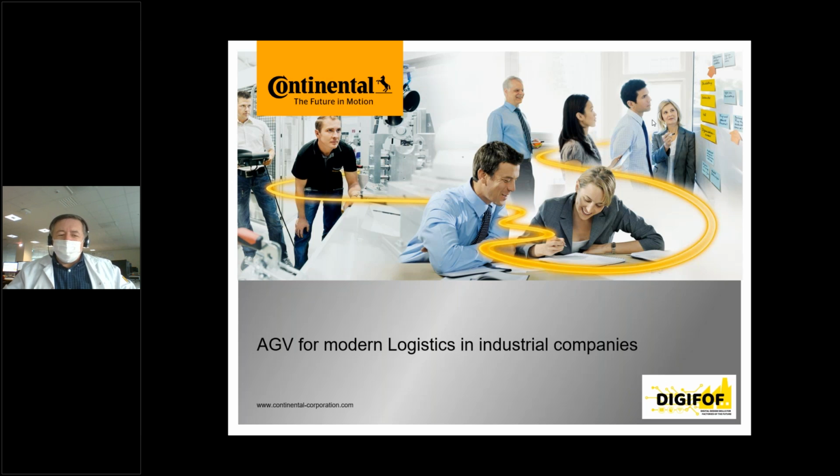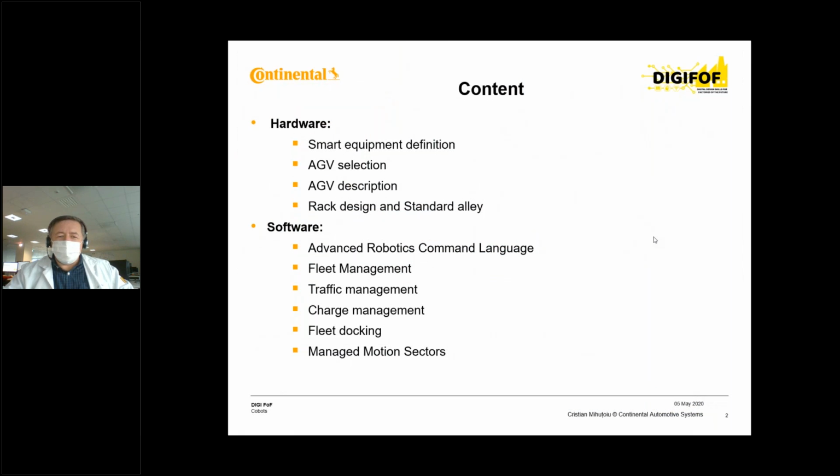And today I will present you some slides about AGV for modern logistics in industrial companies. So today we'll talk about two main chapters in this presentation. We'll talk about hardware, about AGVs, and then we'll talk about the software side of this content.